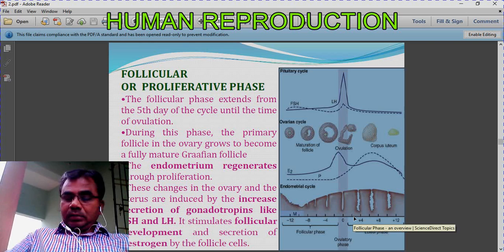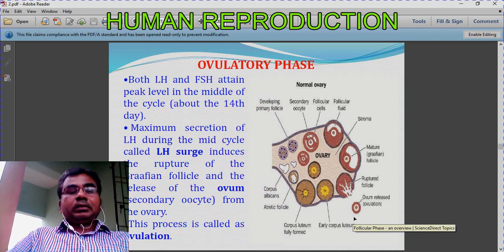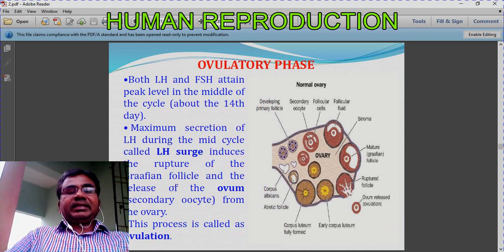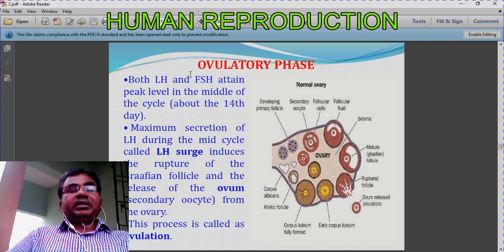What about the next stage? Ovulatory phase. Ovulation takes place during the middle of the cycle. What is the middle of the cycle? The entire cycle is about 28 days, so the middle of the cycle is the 14th day. During this time, both LH and FSH will peak; the concentration of these two hormones will be high.